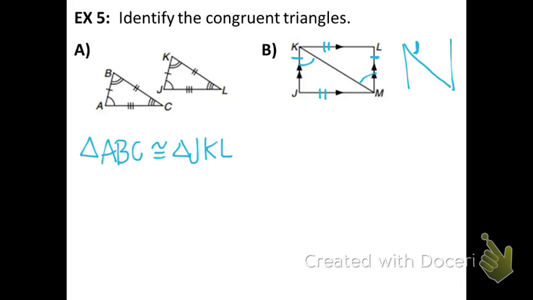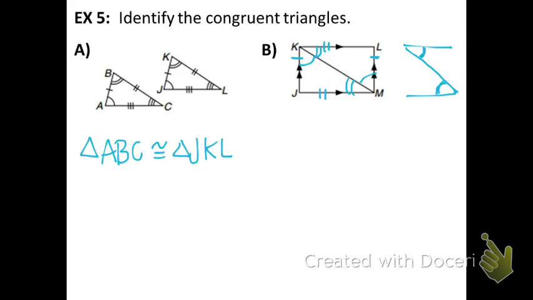We have parallel lines like this cut by a transversal, so we can say that this one's congruent to that one. So those two are congruent.